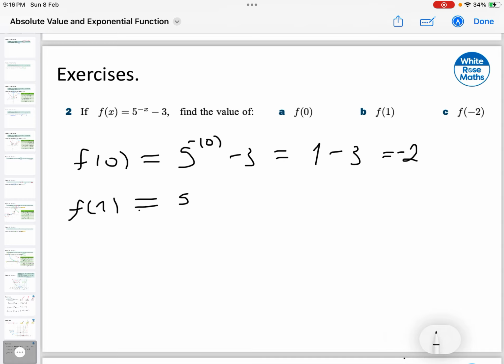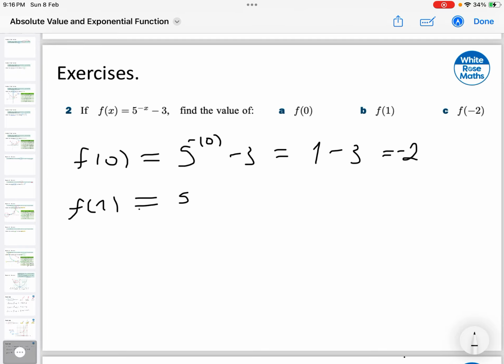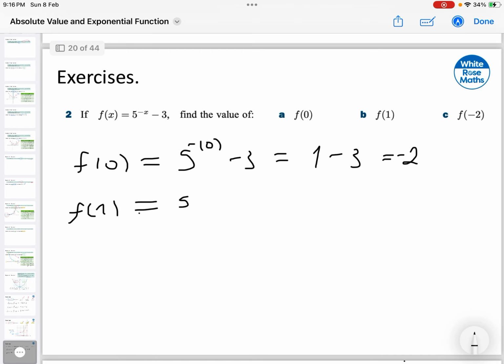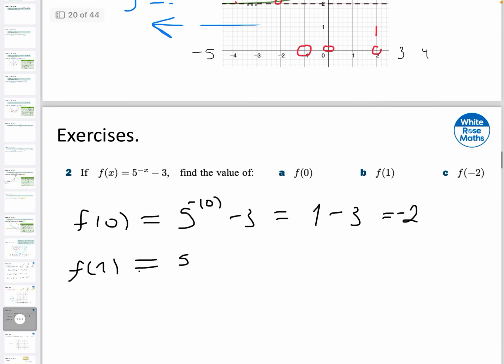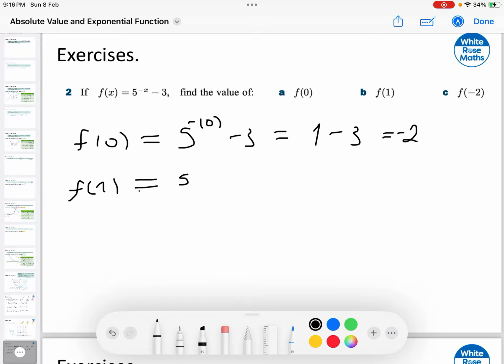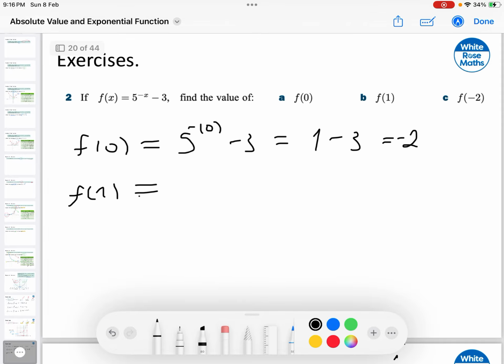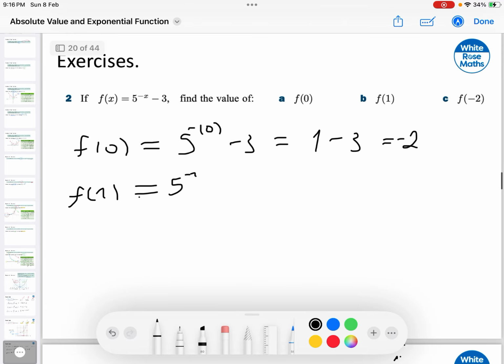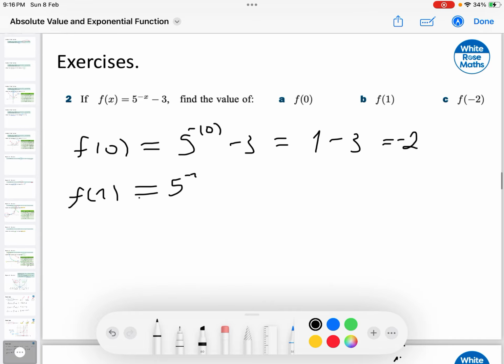F of 1, that will be 5 with a power negative 1, and then minus 3.